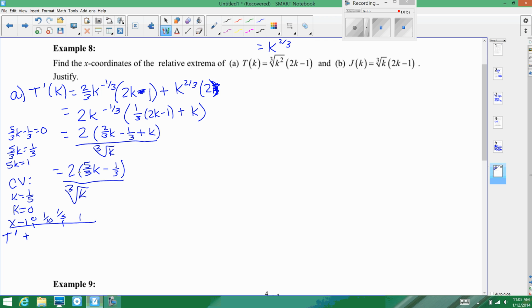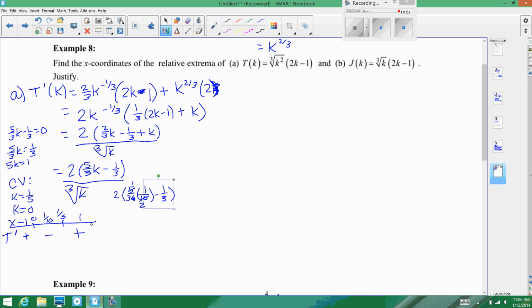This ends up also being, actually, I just need to write this out. All right. So 5/3 times 1/10 minus 1/3. There we go. So that ends up being 1/6 minus 1/3. So that'll be a negative value. So negative over a positive is a negative. And then if we plug in 1, positive, positive, we end up with a positive.